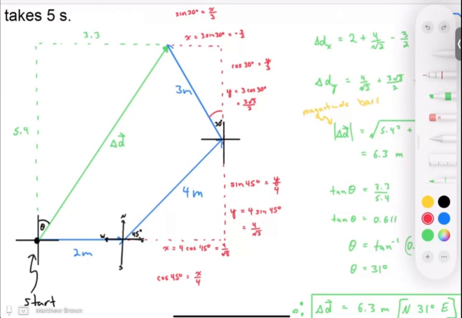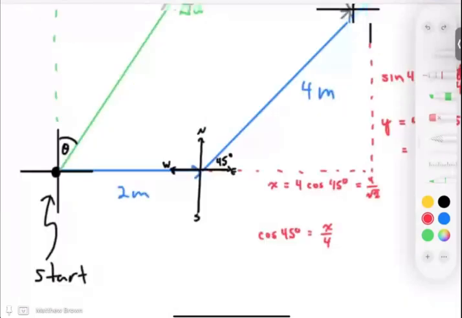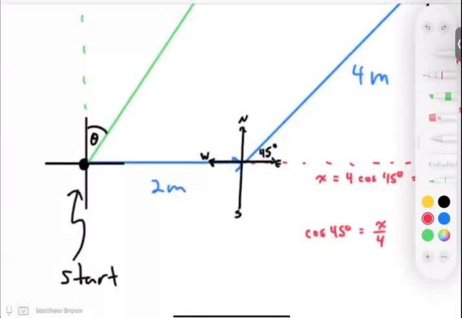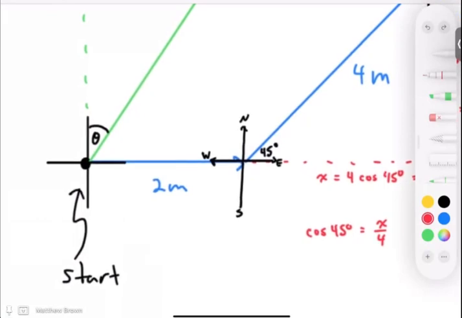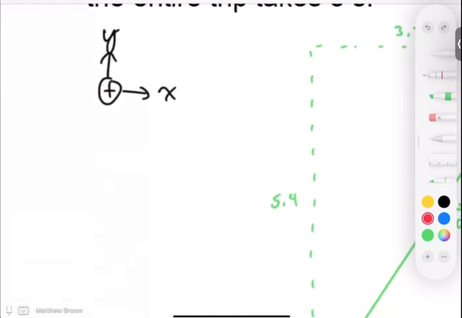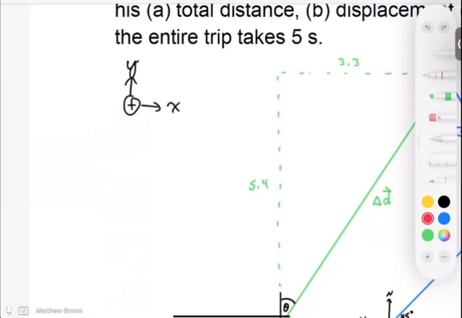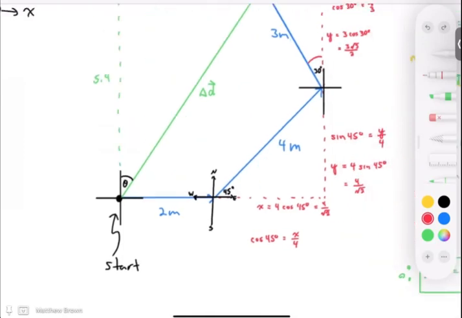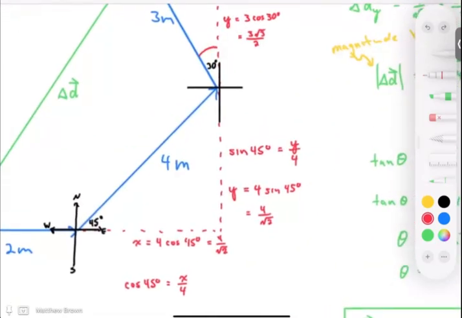One of the most helpful things I always find for these problems is you can look at each direction or each dimension independently. So the first vector, 2 meters east, I'm calling that the positive x direction. East is positive x, and the positive y direction is north. So anything that's going south, I would write as a negative number.